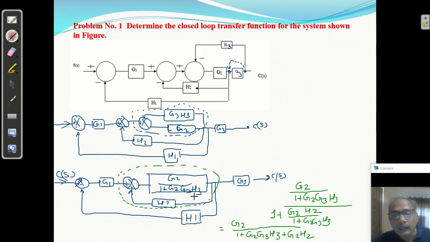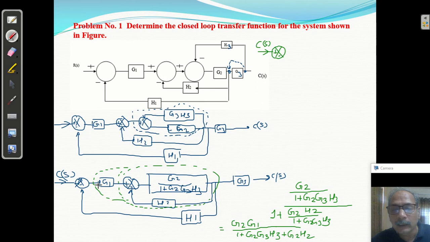This is forming a cascade with G1. So I am going to multiply by G1 also. The new diagram you will get is this. This is C of S. Then it is an error detector, plus, minus.